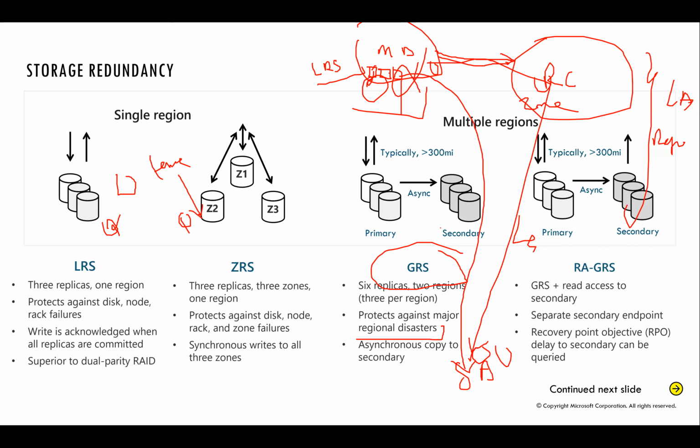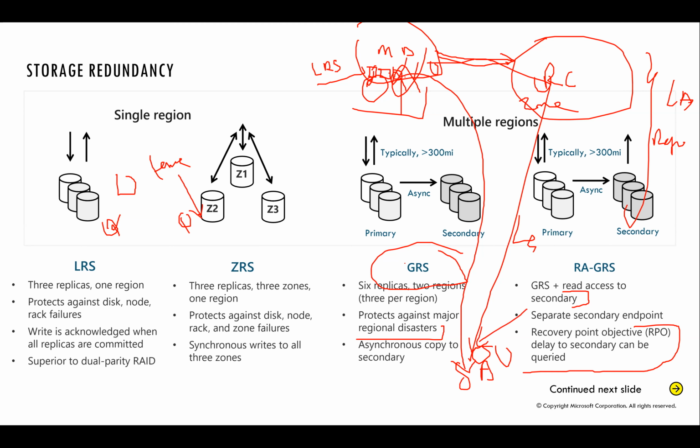For the geo-redundant, both copies in Lagos and South Africa are read-writable. You can read from them, you can write to them. For the read access geo-redundant, what you are maintaining is a read-only copy in the secondary data center. And you have a secondary endpoint, and this has to be tied with your recovery point objective, because what it means is that if this primary data center goes down, or this primary region rather, you can only read the content of the secondary, you can't write to it.